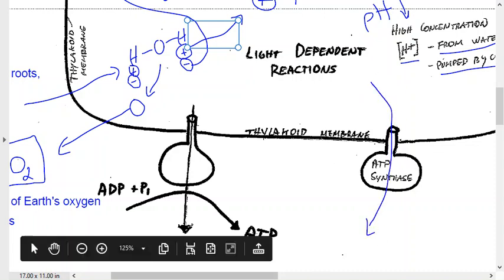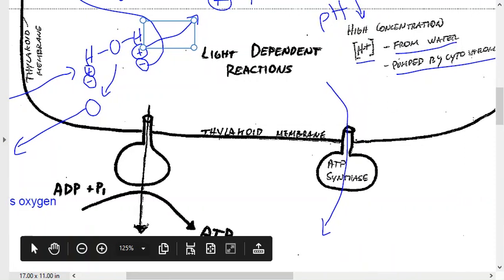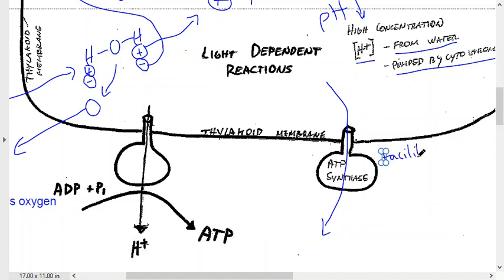ATP synthase, remember, is a channel protein that allows for facilitated diffusion. I'm just going to write that. This is facilitated diffusion.